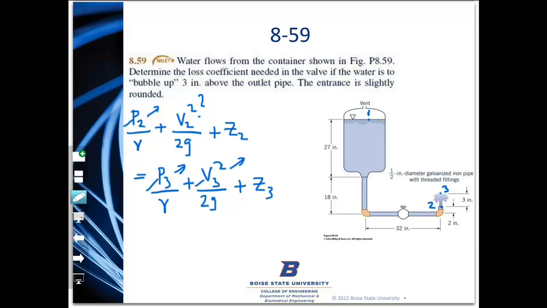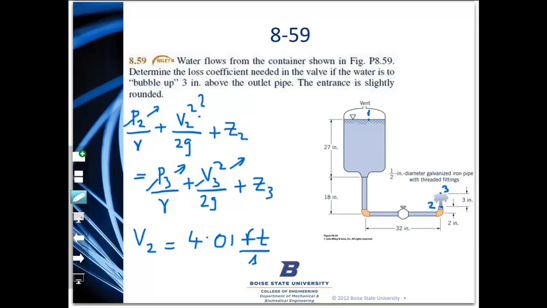V3 is again 0 because it's the top of the fountain. Okay, we know how to do these from before. So you have one equation and one unknown, which is the velocity at point 2, which is V2. If we do the math here, we get that to be 4.01 feet per second.